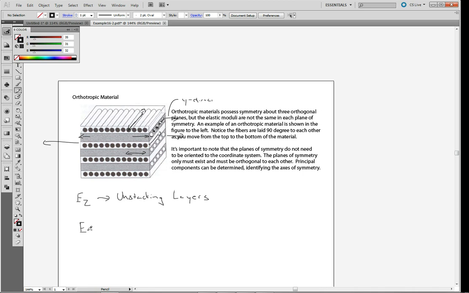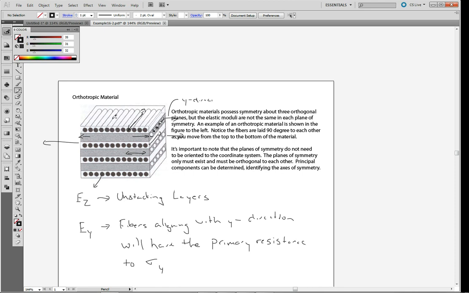The fibers aligning with the Y direction will have the primary resistance to stresses in the Y direction. And in the same way we could have some stress in X, in and out, and the fibers aligning in X are going to have some resistance there.